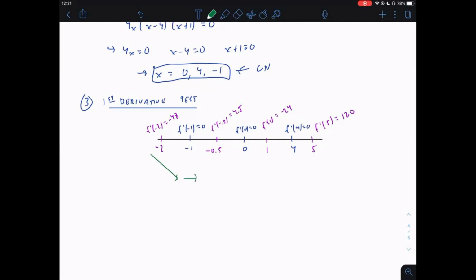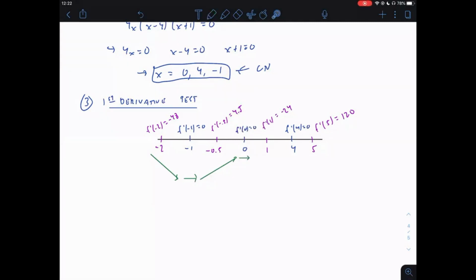And then after it hit that critical number, since our test point resulted in a positive value, that means our function had a positive slope after this first critical number before it zeroed out again. So meaning our function was increasing after -1 and then flattened out at 0 again.